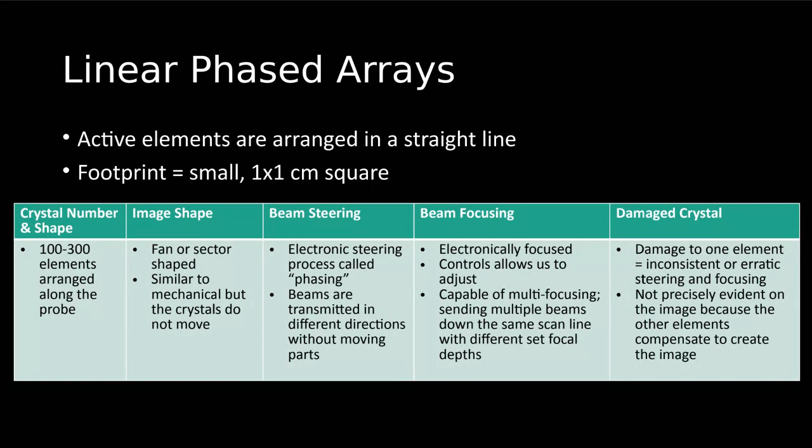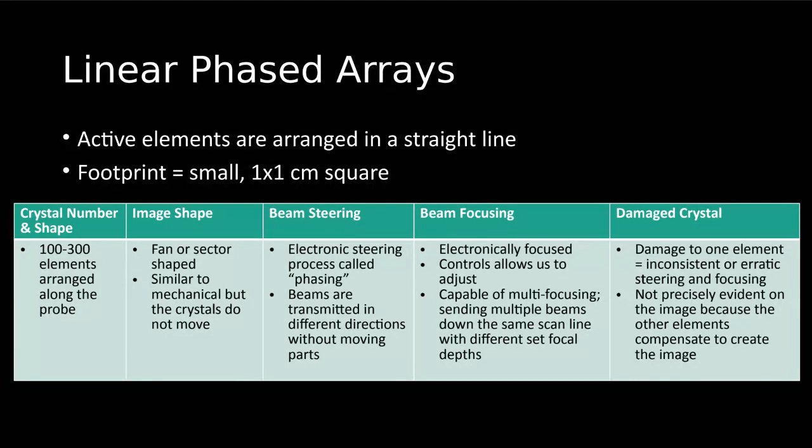Because if one of those elements is damaged and not working, when the system says, I'm going to excite these active elements and send pulses down this pathway, and that pathway is not working, well, it's going to get a little confused. Okay, wait a minute, how do I actually steer my sound beam this way if that element is damaged? I can't, right? So that's going to make our electronic steering and focusing a little bit more inconsistent.